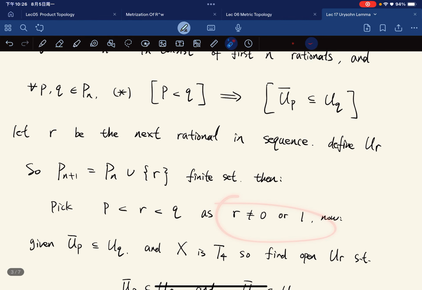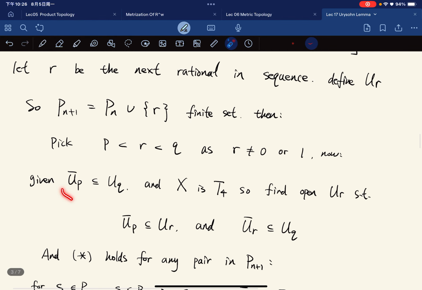Now, this is true by the inductive hypothesis, and because X is T4, we can find UR. We have a closed set contained in an open set, and by the lemma of normality, UR exists.